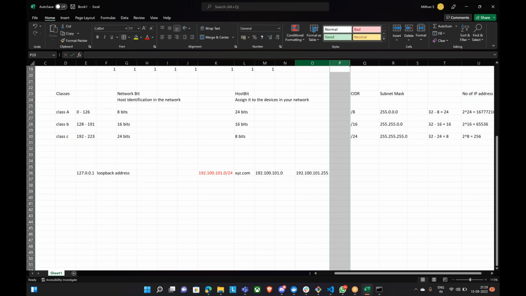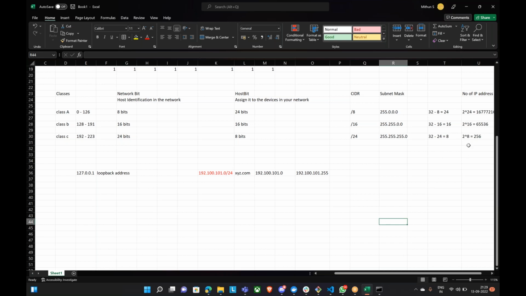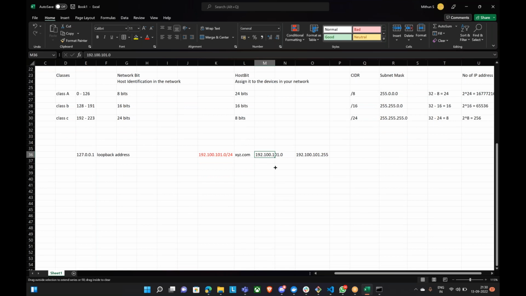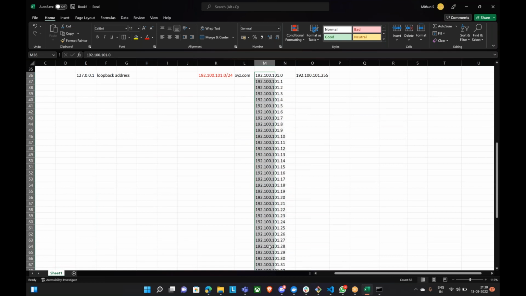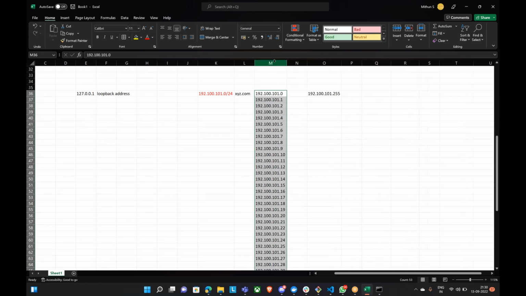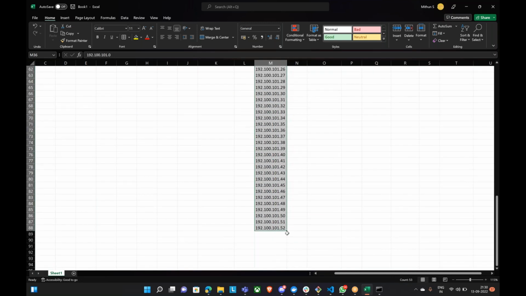This is the range of your network. Why? Because there are only 256. Now you start counting, or else you just drag until 256 are done. See what is happening here. This is how it will be allocated.